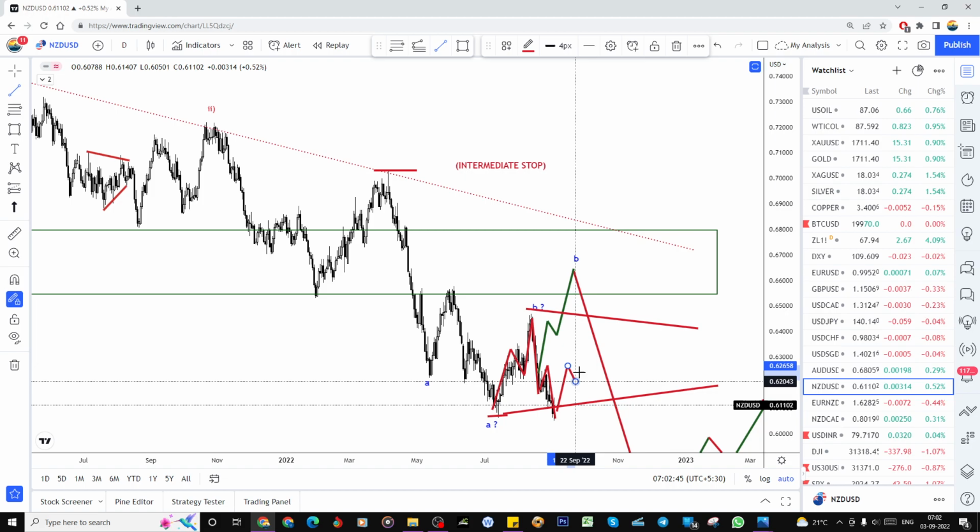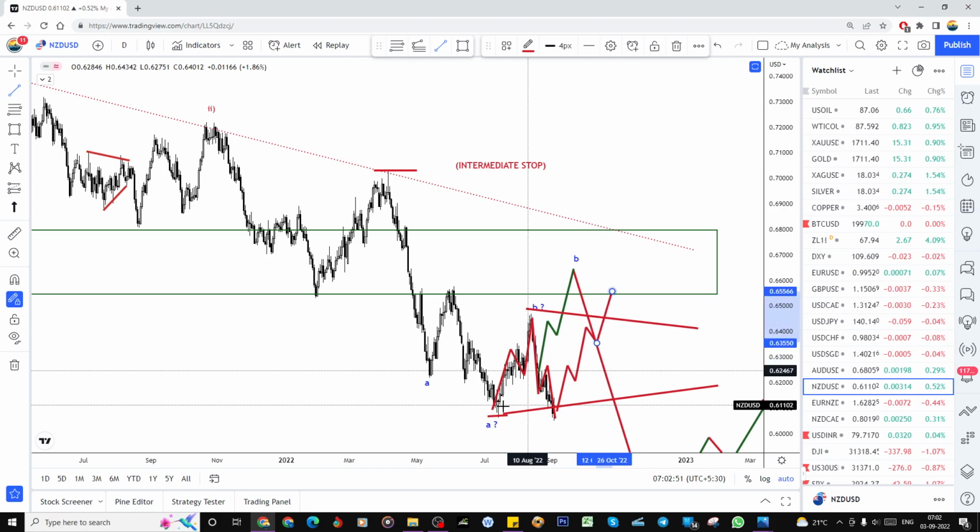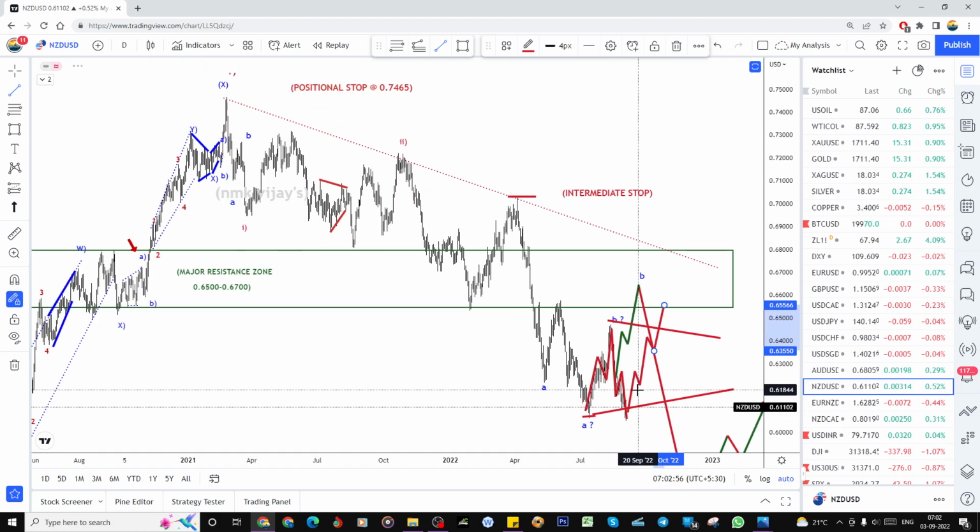Once again I need a three-wave structure for WXY, or it could be ABC as an expanded flat. So somewhat I'm expecting nearly 300 to 400 pips as a bounce. What we expected here, the same thing happened. Like that, here I'm expecting.